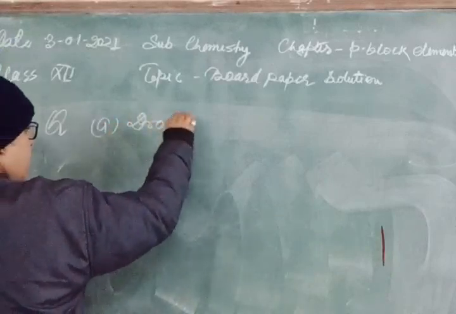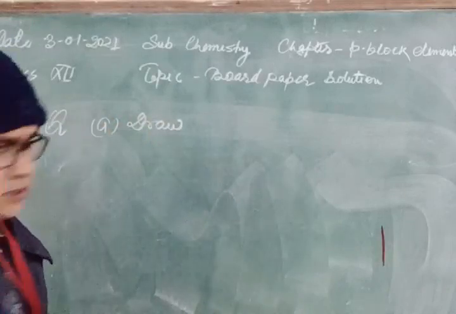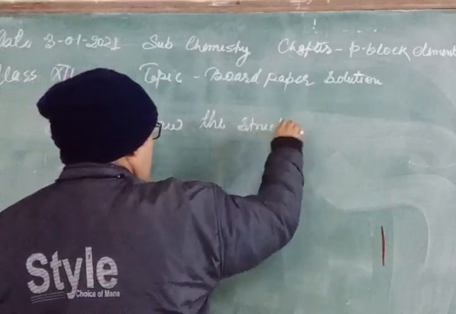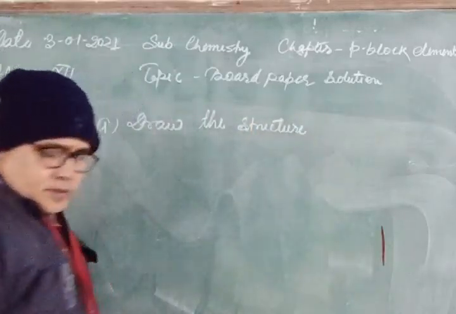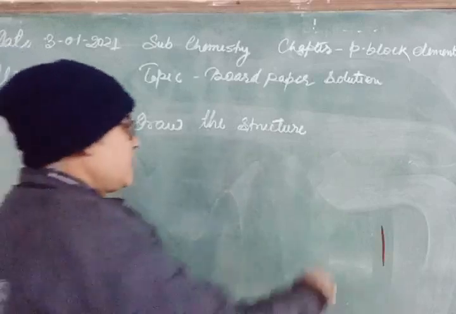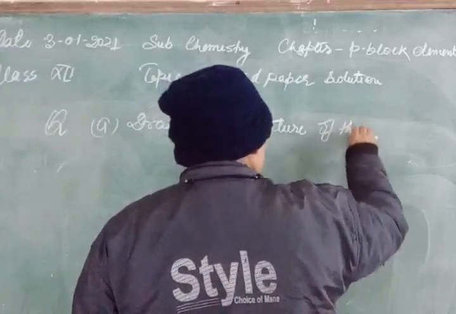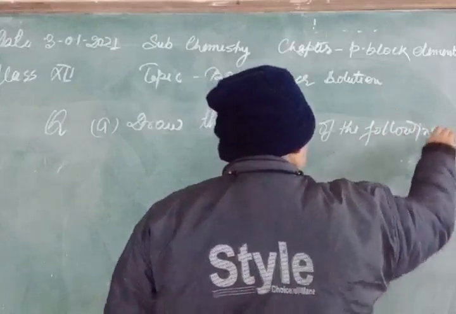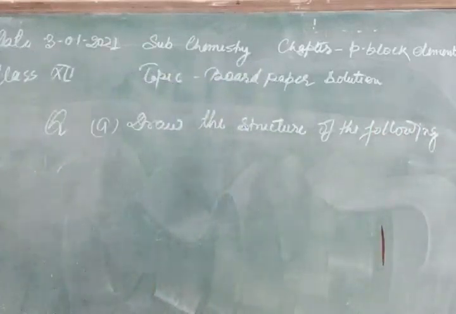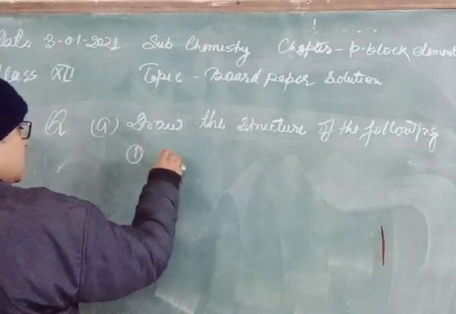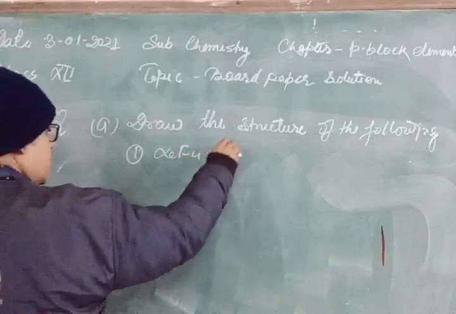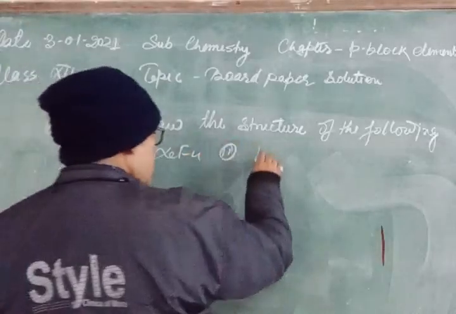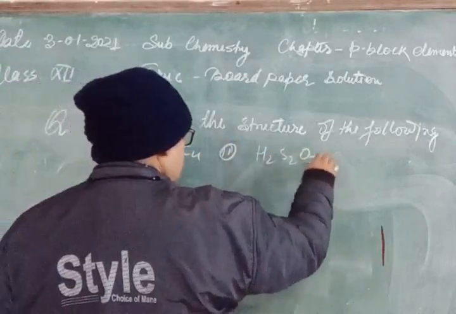Draw the structure of the following: first is HClO4, second one is H2S2O7.